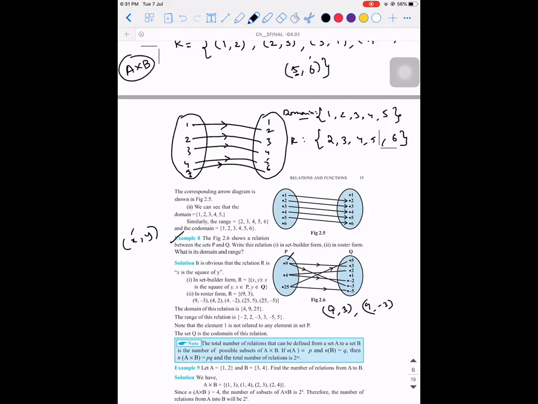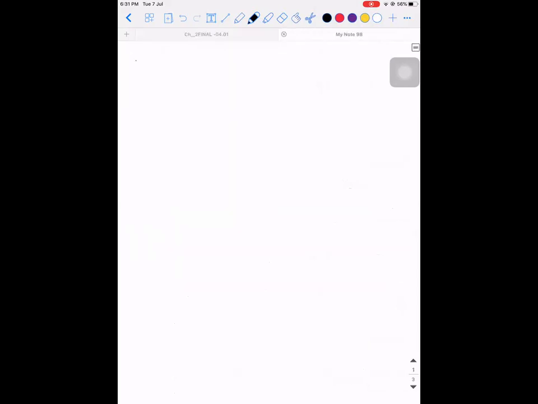I will take a new page and write it like this: R is a relation {(x, y) such that x is the square of y, and x belongs to set A and y belongs to set B}.